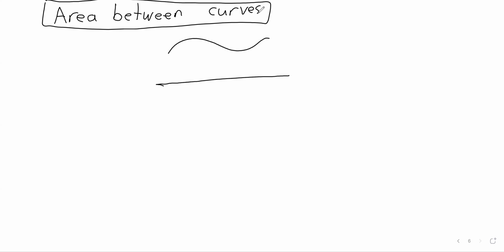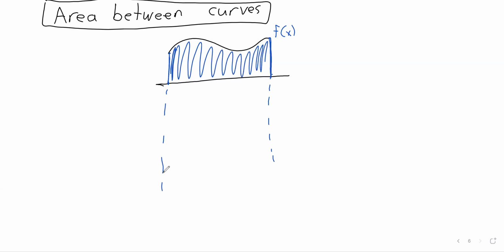And we say, well, if here's our curve, we talk about area under the curve, which is always a slightly fuzzy statement because the area under the curve is infinite. But what we really mean is this area, the area between the curve and the x-axis.